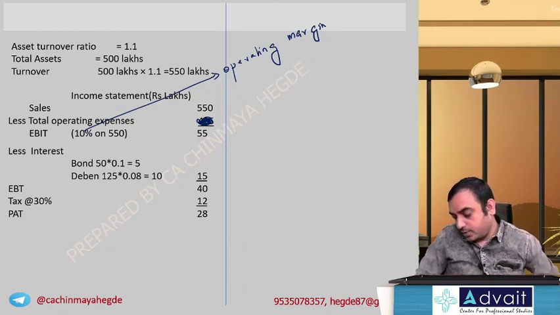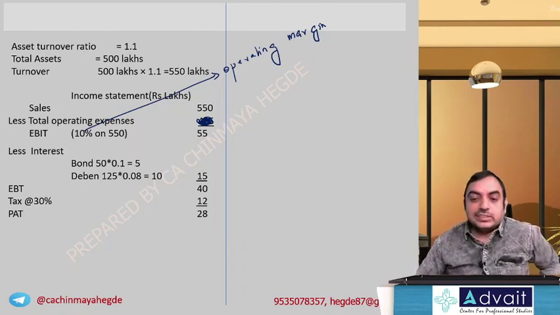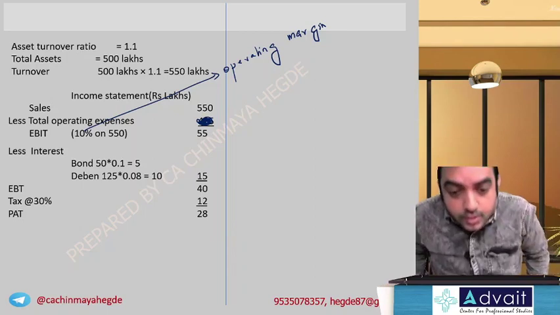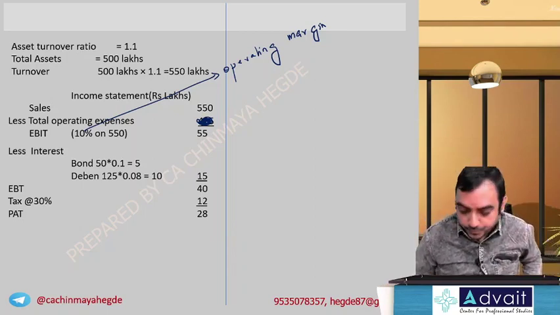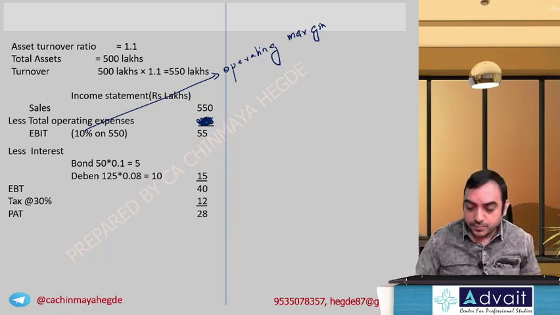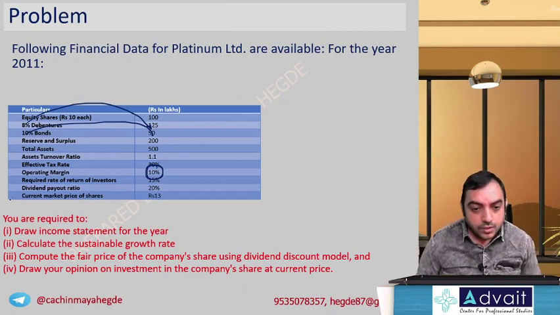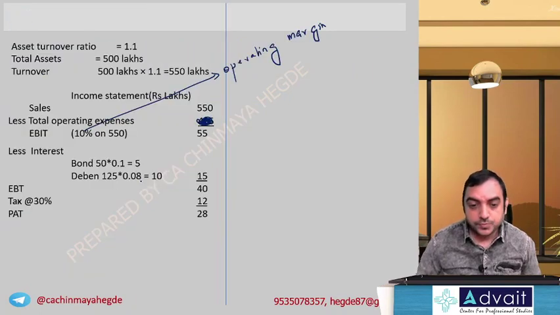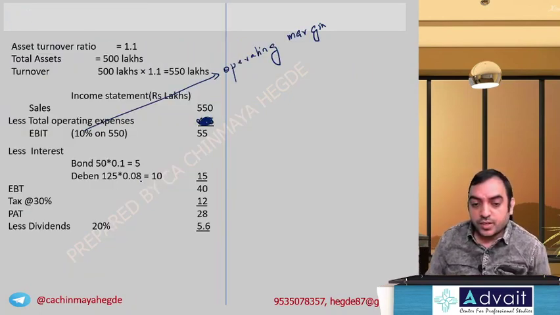So PAT we got it. Let's see if any other information is there. Okay, dividend payout ratio is there. Payout ratio 20%.